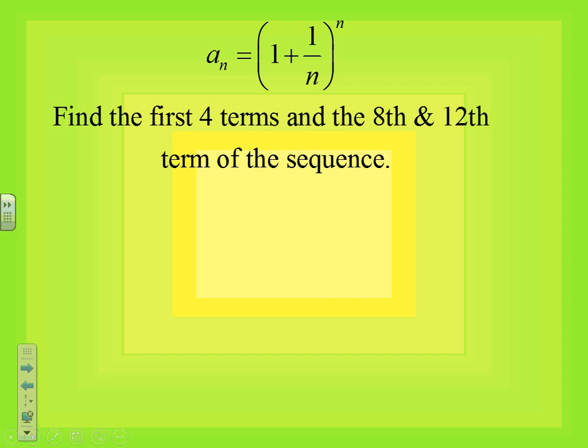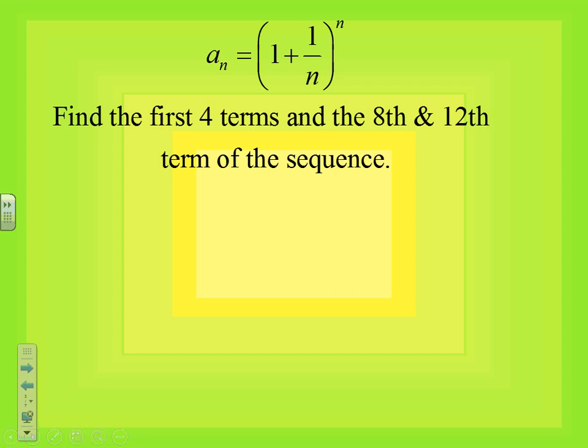So this is very much something you would see with exponents in the real world, where we're doing financial math, where n might be the number of times that we're compounding something in a financial formula. So same idea, find the first four terms, the 8th and the 12th. Now this is going to be a little bit harder to actually see the pattern emerge, but it's not impossible.